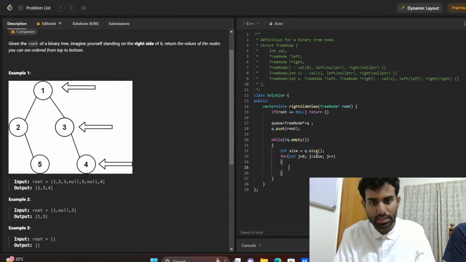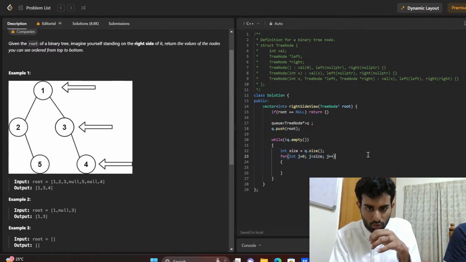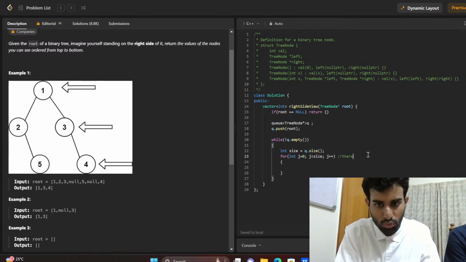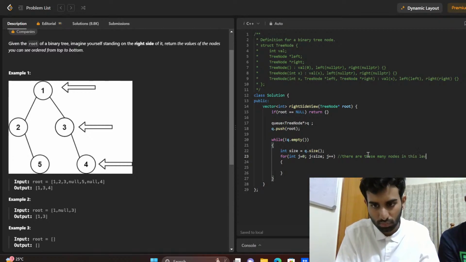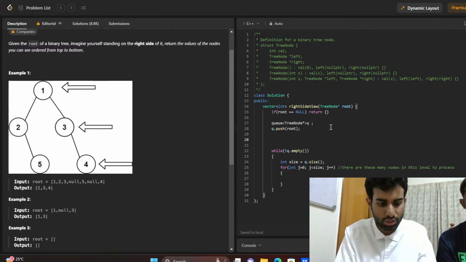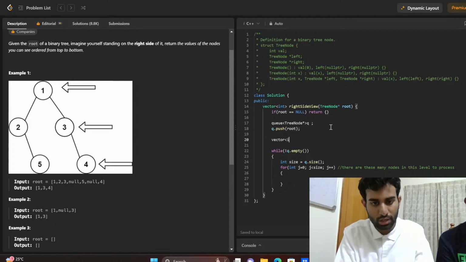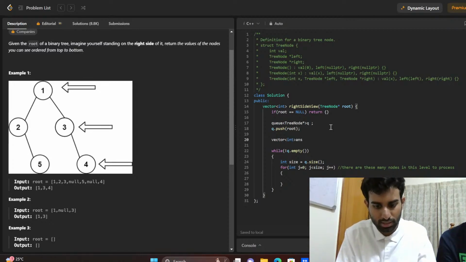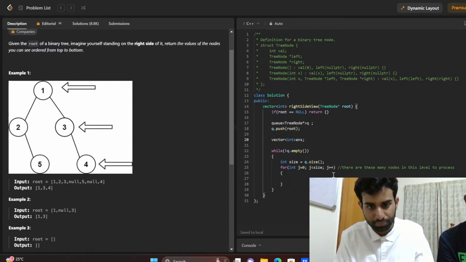This size number of iterations essentially denotes there are these many nodes in this level to process. And now I also need to have a vector answer because they want the right side view, which is nothing but the values on the right side. So I have my vector answer. Let's go ahead.